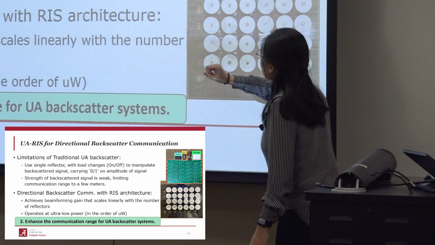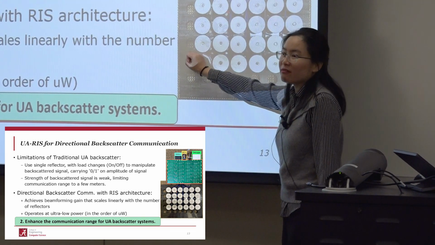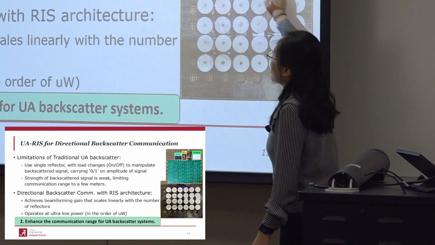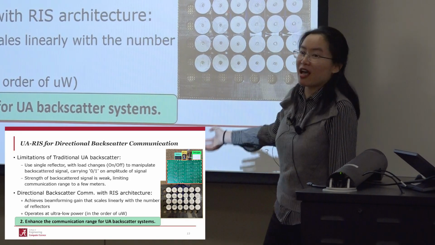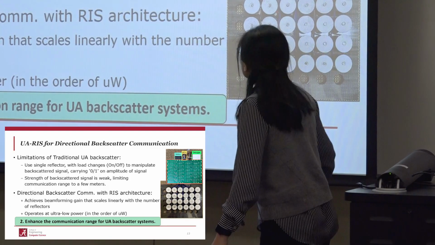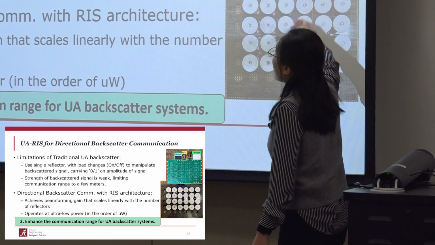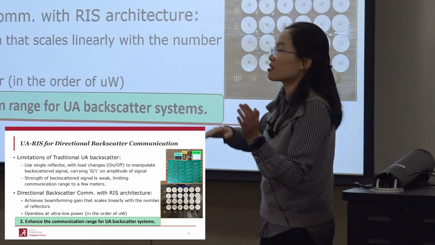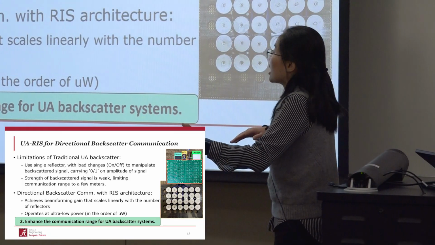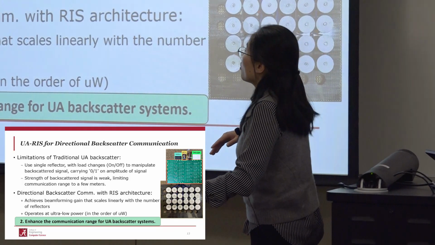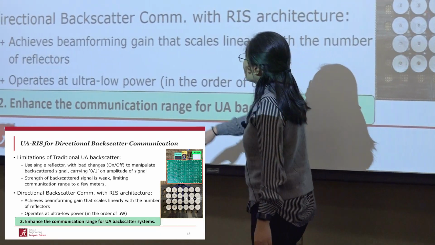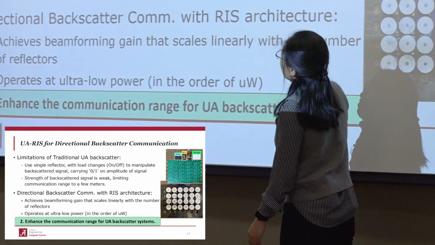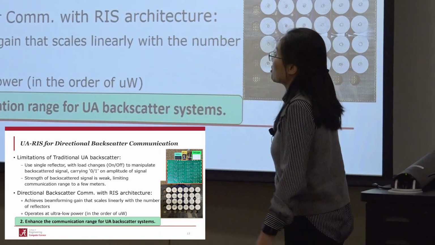Basically, instead of having a single reflector, we can have an array of reflectors, and we can use a control method to change the directionality of this backscattered communication. And with this beamforming gain, we can extend the communication range.